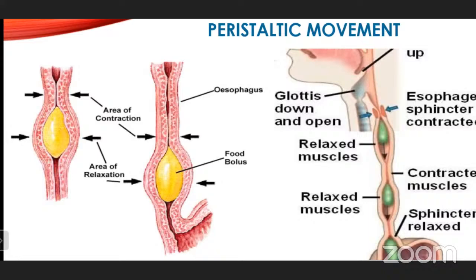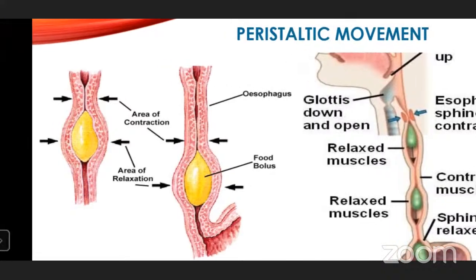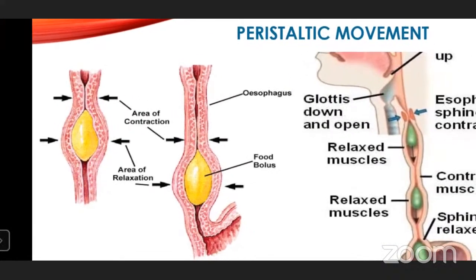Now food materials pass from the stomach to the small intestine, and here the ring-like muscles called pyloric sphincters are there. Let us have a look at this, dear students.